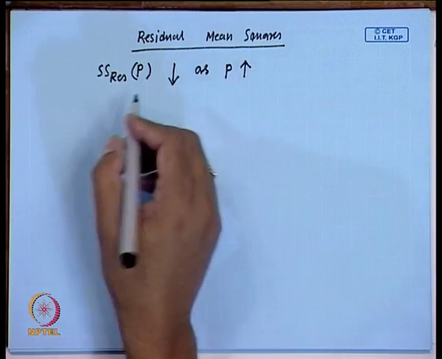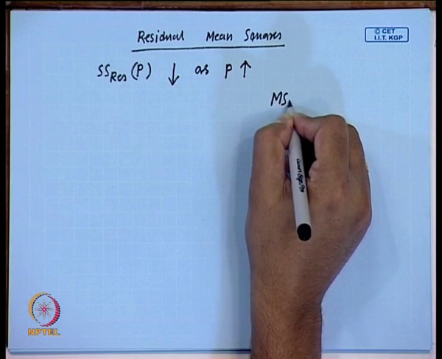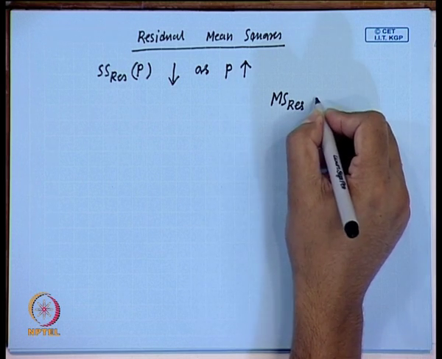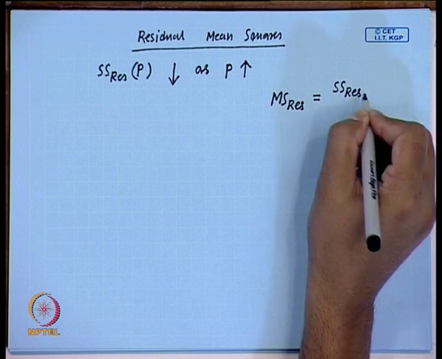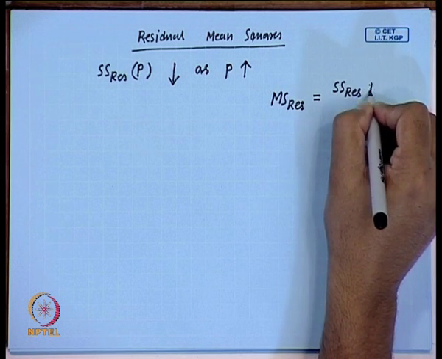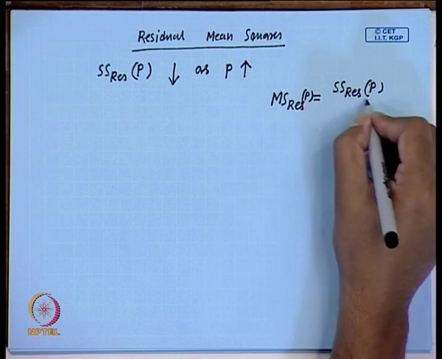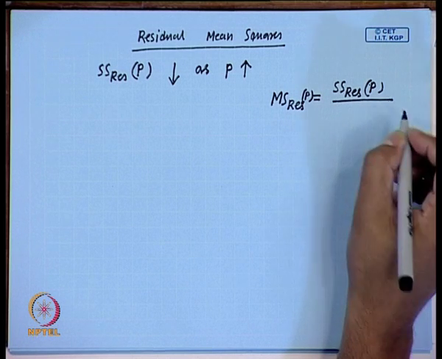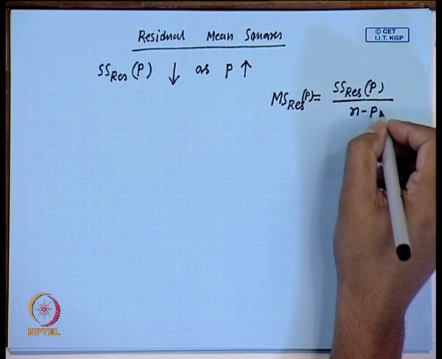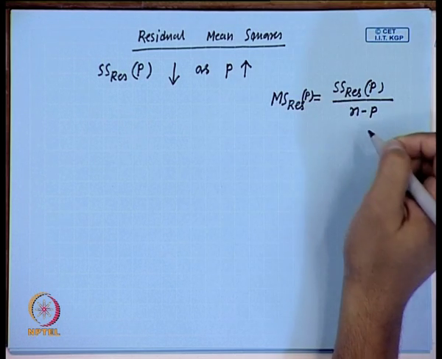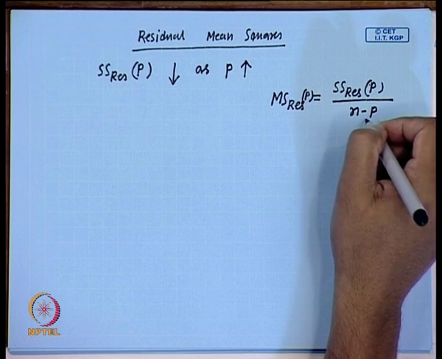And here we are talking about MS residual, which is equal to SS residual P, let me denote it by P also, MS residual P by n minus P. N minus P is the degree of freedom for the associated model, error degree of freedom or residual degree of freedom for the associated model.